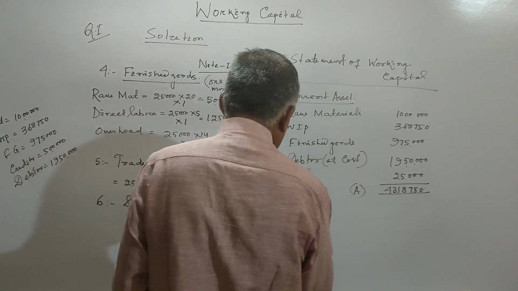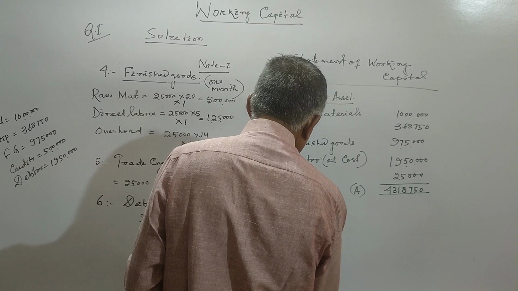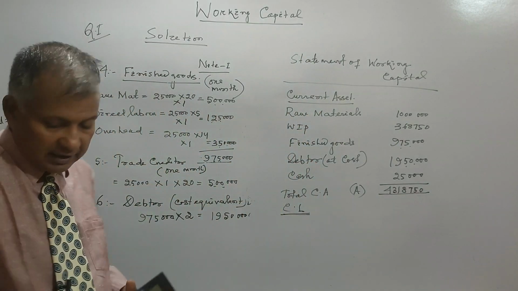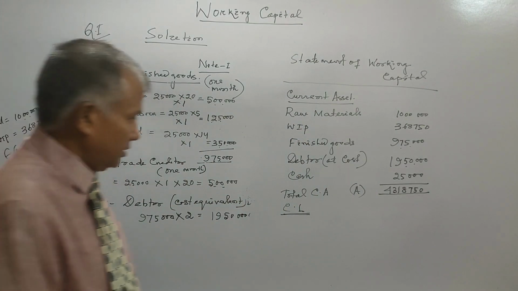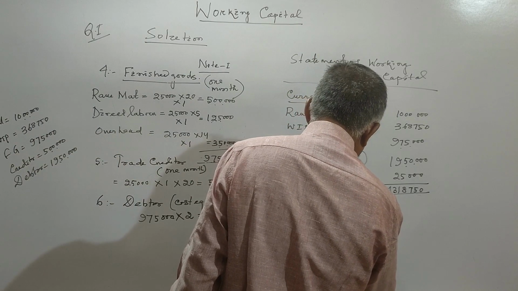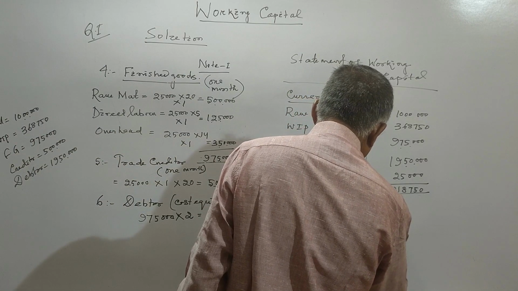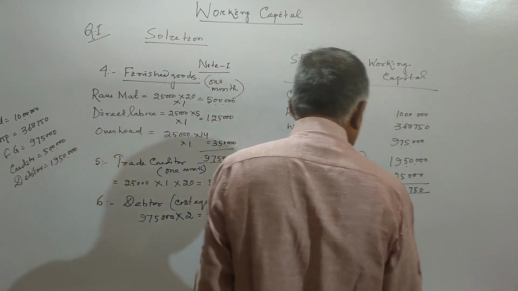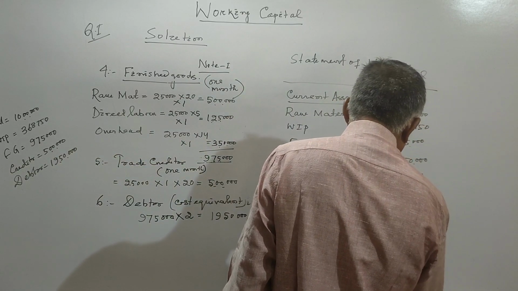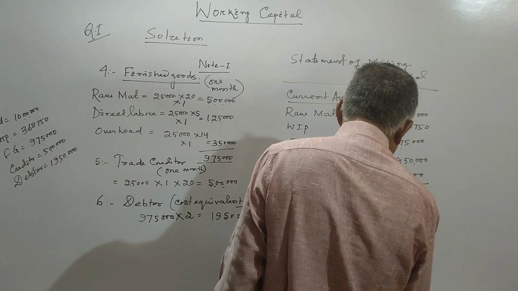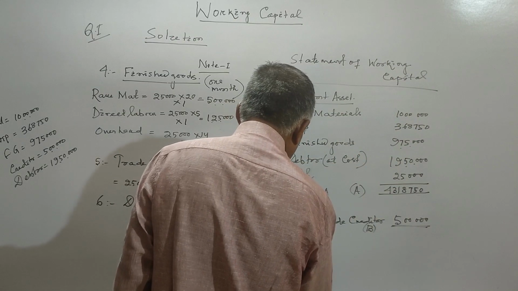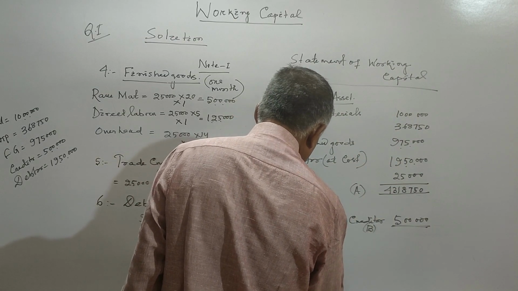Then comes the current liabilities. Current liability, only one item is here, that is your trade creditor. Trade creditor. This is only 5 lakhs. Right? This we can say B. Now net working capital.